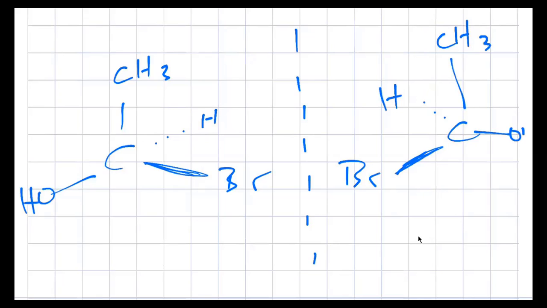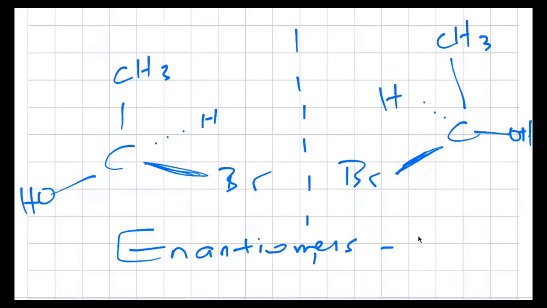This is what the mirror image would look like. Are y'all following that? Yeah. And so when that's the case, the relationship between these two is what we call enantiomers. An enantiomer is just a non-superimposable mirror image.